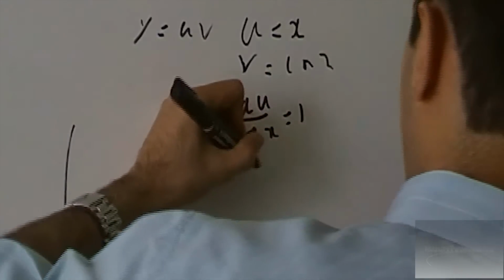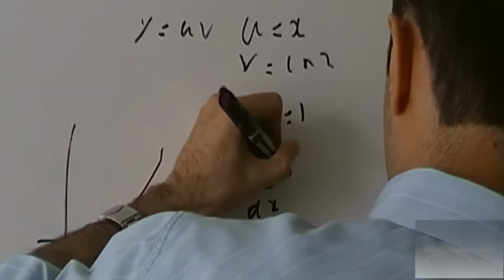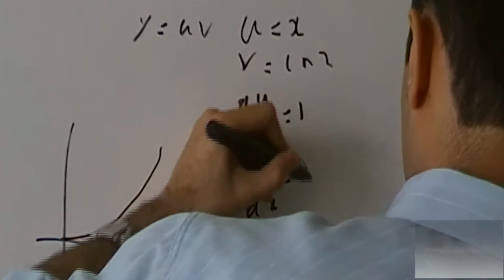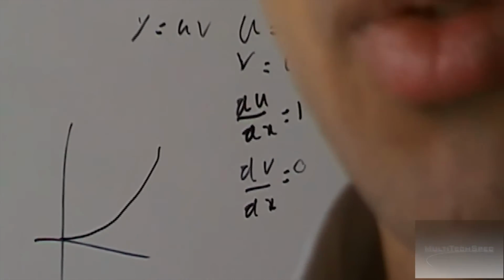So dv by dx is 0. Now, if I move the camera down, hopefully I've got enough space.